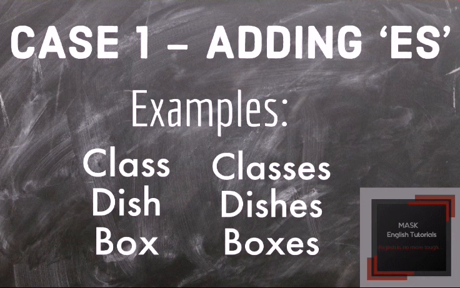Nouns ending with s, sh, ch, or x form the plural by adding es to the singular. Examples are classes, dish, dishes, box, boxes. Here, the letters es are added at the end of each singular noun.